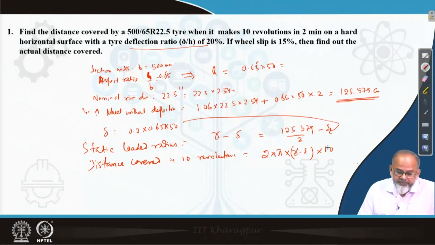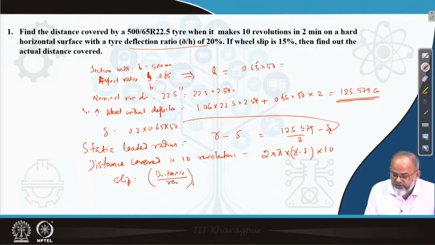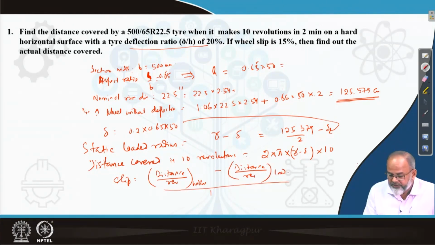Now if you look at the slip definition, slip is equal to the distance traveled per revolution without load, minus the distance traveled per revolution with load, divided by the distance traveled per revolution without load.